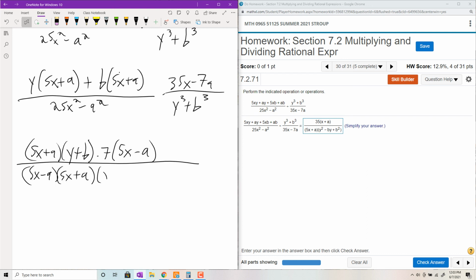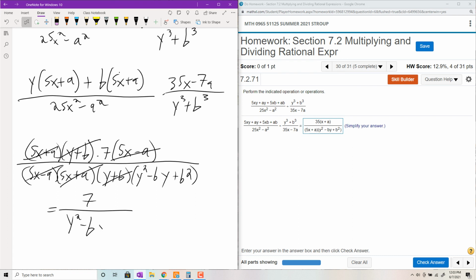And then a cubic part, y plus b times, same, opposite, always positive, y squared minus by plus b squared. Then we can remove our common factors, 5x plus a and y plus b, and more cancellation probably means it's probably right now. So y squared minus by plus b squared.